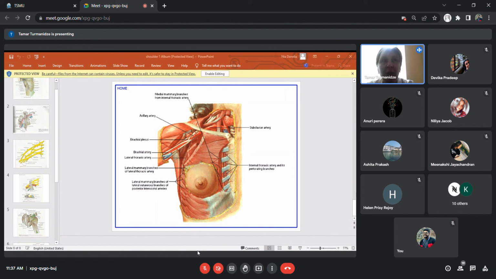And this recurrent laryngeal nerve, we have told, innervates what? The trachea and thyroid gland. And also what does it innervate, except these organs? The vocal folds.